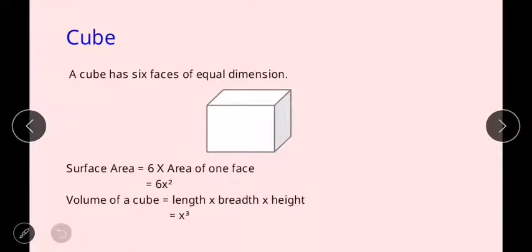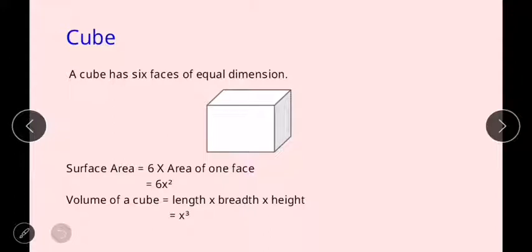Cube. A cube has 6 faces of equal dimension. An example of an object that has the shape of a cube is a cube of sugar, a cube of refined sugar. A cube of sugar has how many faces? 6 faces.